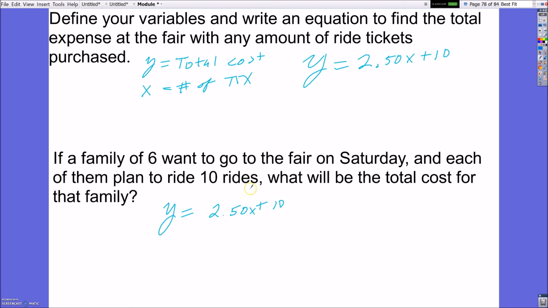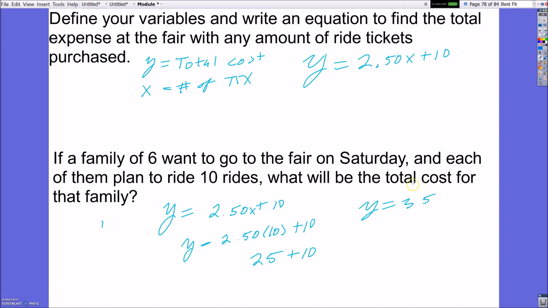So this is just one person right here. They say they want to go on 10 rides. Well, the total cost for one person would be $2.50 times the 10 rides plus $10 to get in the park. That would be $25 they spend on rides plus $10 to get in the park, which means the total amount of money they would spend is $35.